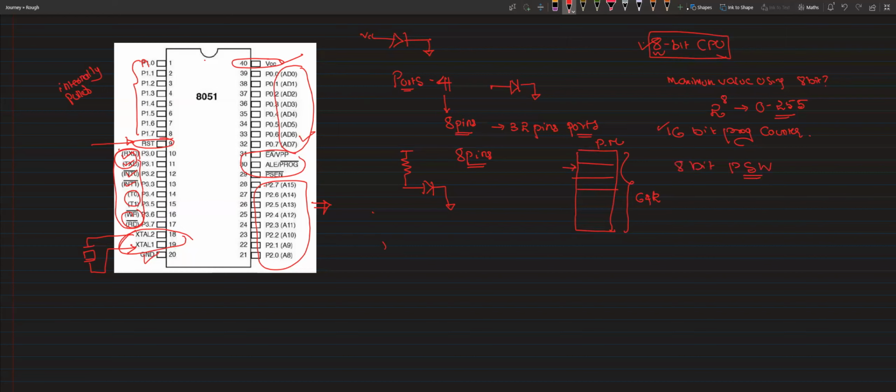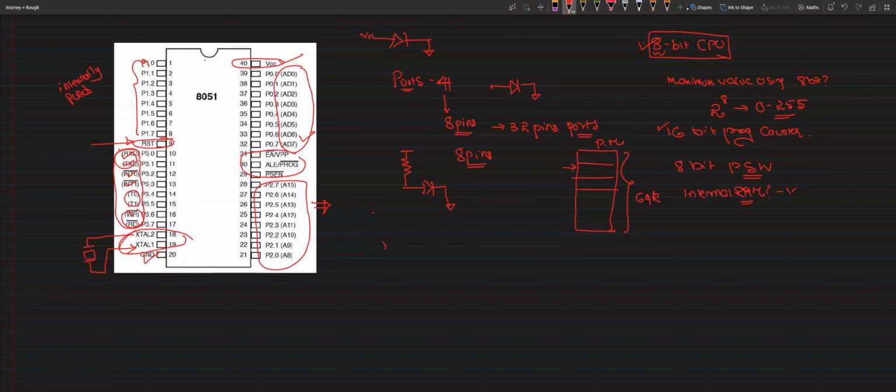And some time back, I told you that we have internal RAM. What is the size of the internal RAM? It is 128 bytes.